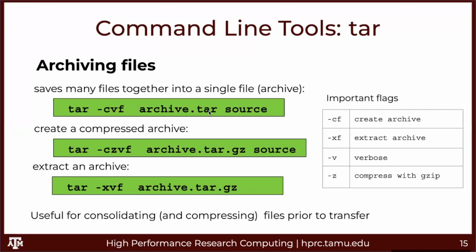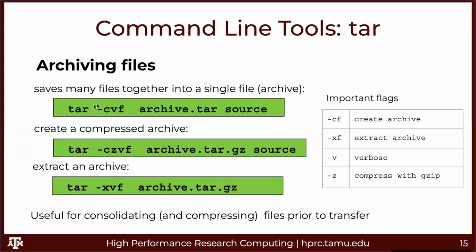To do this, we would need to run this tar command, followed by some flags, this dash something that would tell exactly what we want this tar command to do. Some of the important flags are listed here in the table on the right. For instance, the cf flag would create an archive.